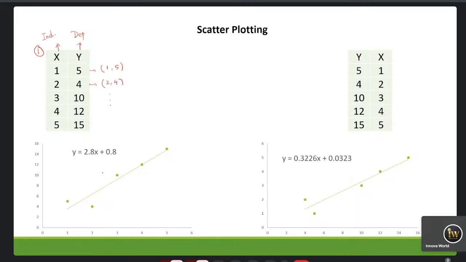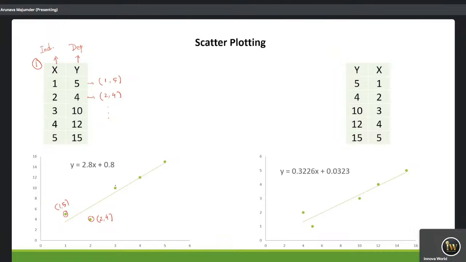If I plot the points in a graphical plane, we can see these plots are formed. These points: it is 1 comma 5. The second point is 2 comma 4. The third point is 3 comma 10, and so on.